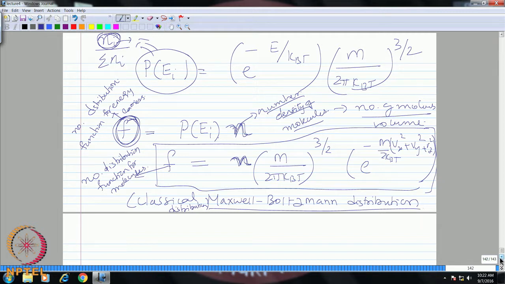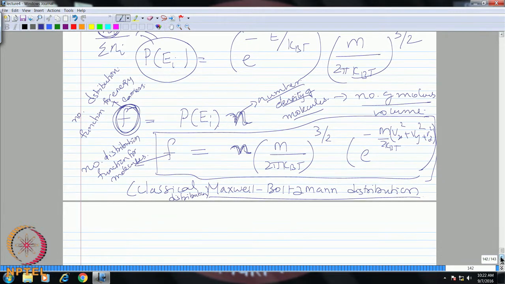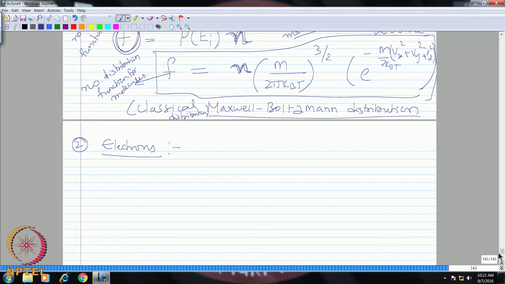Now, if you apply this to the next energy carrier, we will do this for electrons now. Therefore, in the case of electrons, they obey the grand canonical ensemble.